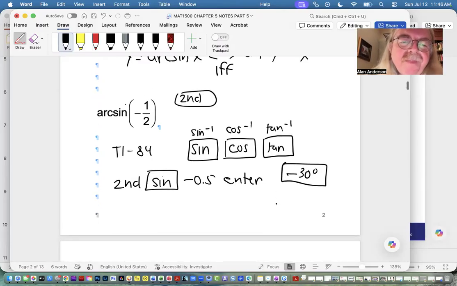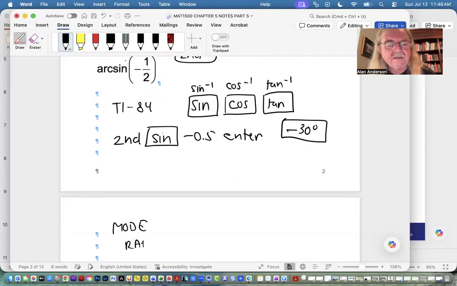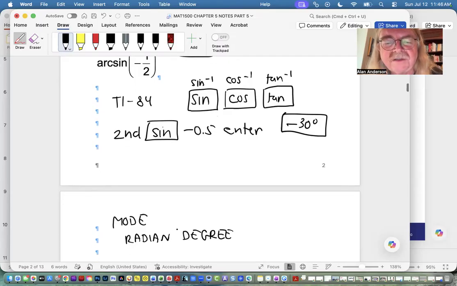So just remember, if you go back to the top under mode, there's a lot of modes in there. If you go down to row number four, you get to choose between radian and degree. You should always make sure you know which one you're in before you do anything, otherwise your results will look very strange.